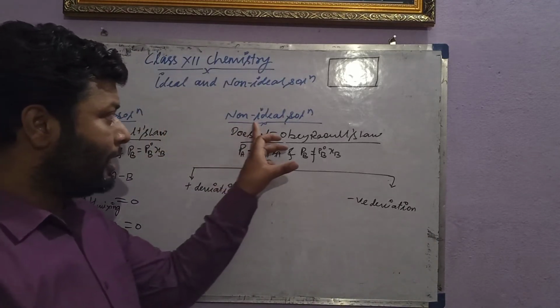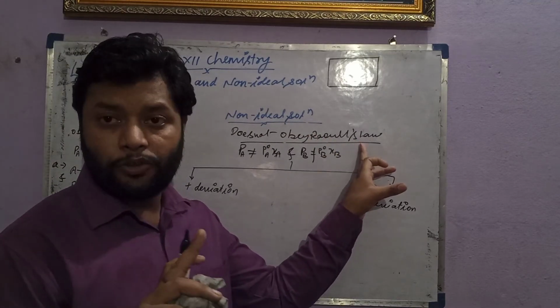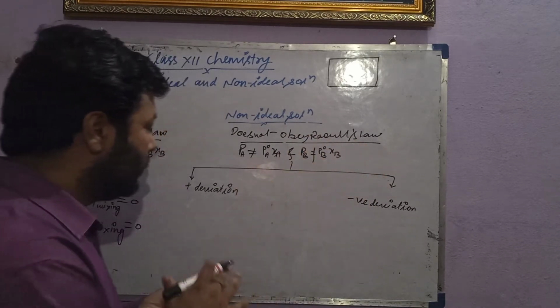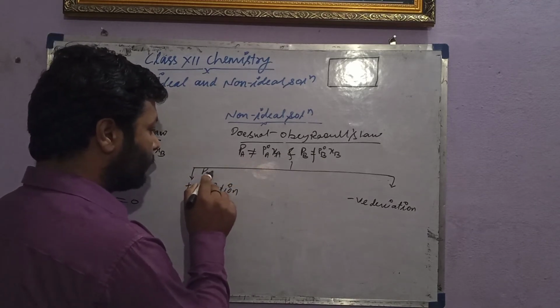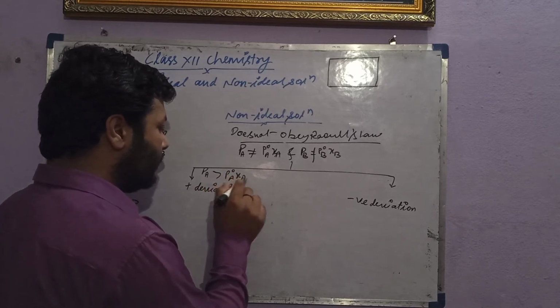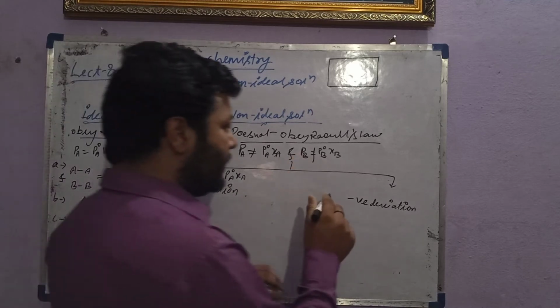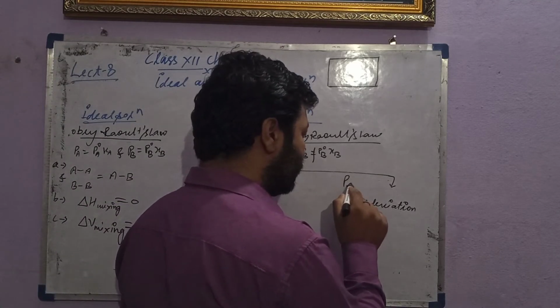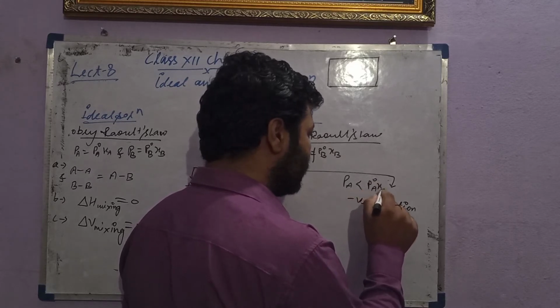First, the non-ideal solution means Raoult's law is not followed, does not obey. So here PA is greater than P naught A XA, the expected value, and this is also for PB. And here PA is lower than P naught A XA.